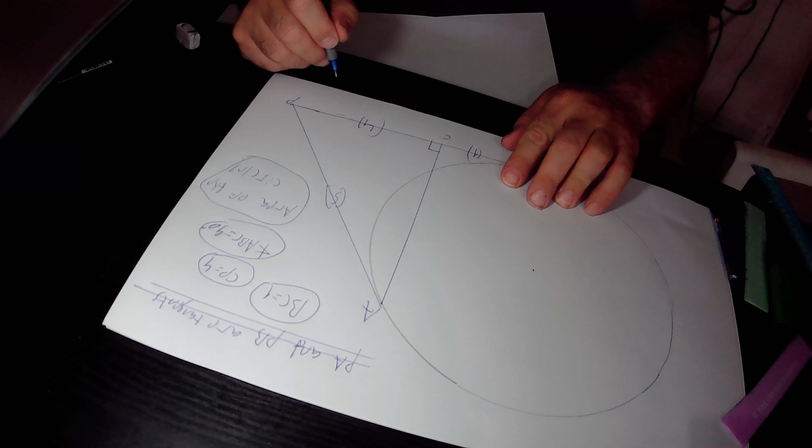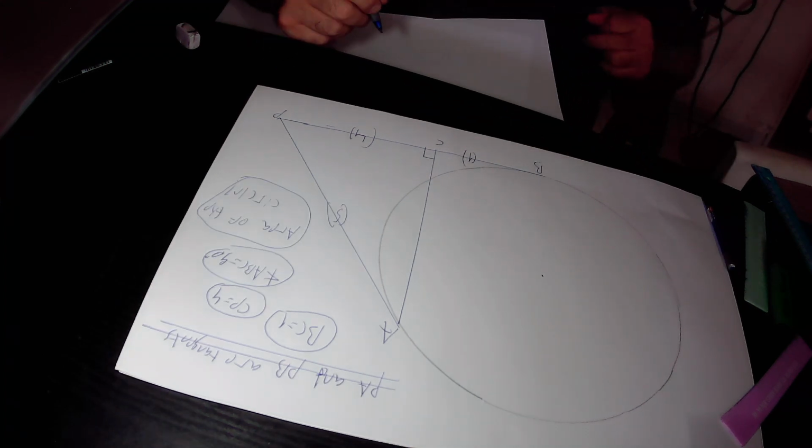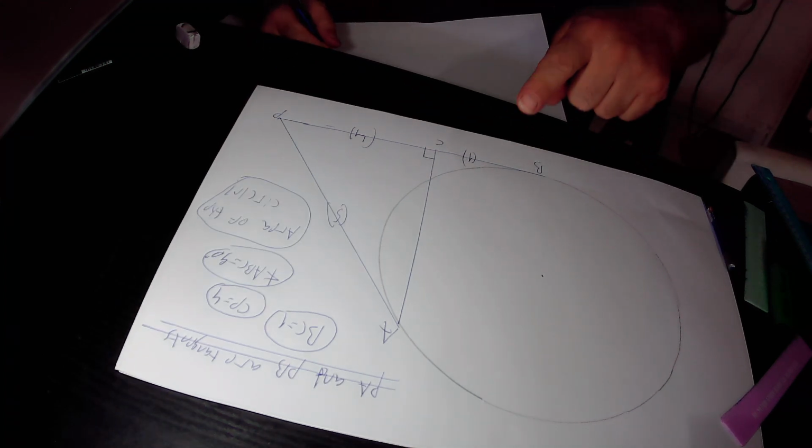In the next step, I'll copy the right triangle ACP in a new page, and we will implement the Pythagoras theorem with this right triangle ACP.